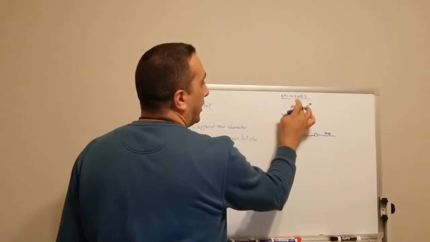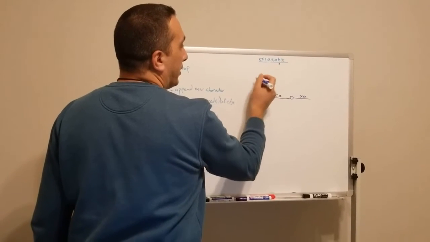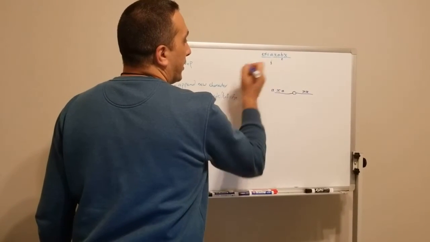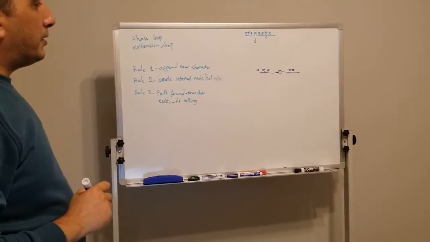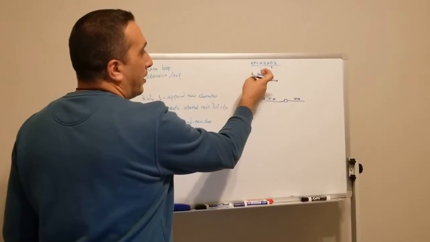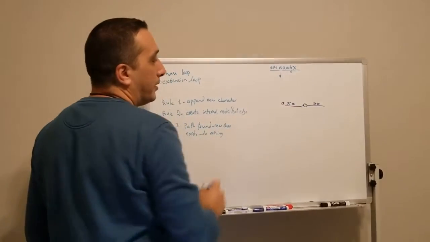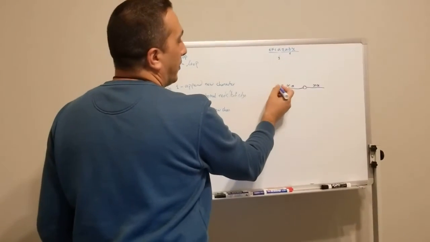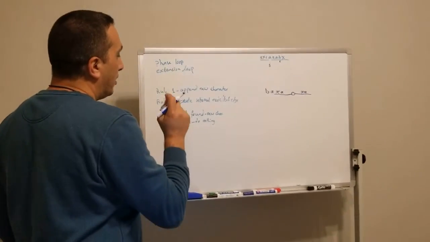we increment the outer loop, and so the outer loop I goes to the next character, and J resets to the initial location, which is the first character, character A. Now we'll try to find the path AXA on the tree, and you can see AXA does exist, and so we're going to add the character B at the end, applying rule number 1.